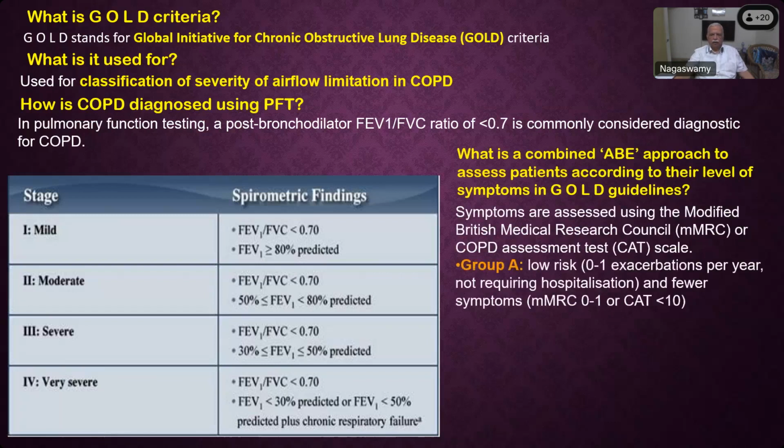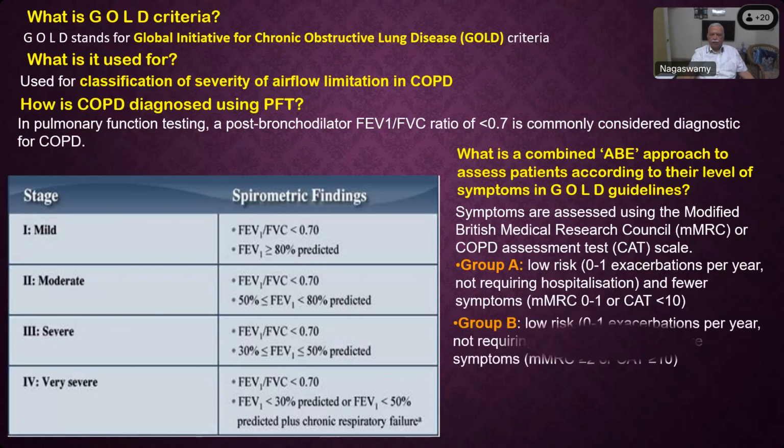Group A is a low risk group with one or no exacerbations per year, not requiring hospitalization, and fewer symptoms of dyspnea. Group B patients are again low risk, with very few exacerbations, but they have more symptoms, with mMRC of 2 or more, or a CAT score of more than 10.